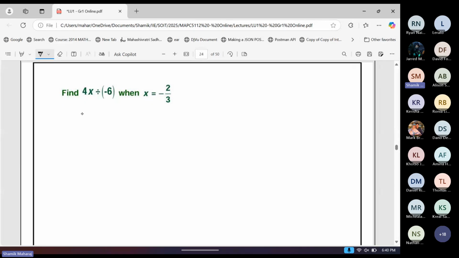So this will be 4x divided by -6, which is the same as 4 multiplied by, with the substituted value, -2/3. And I just substituted for x. Divided by -6. Now the 4 we can write as 4/1. The -2/3 is still here. Divided by -6, we can write as -6/1.